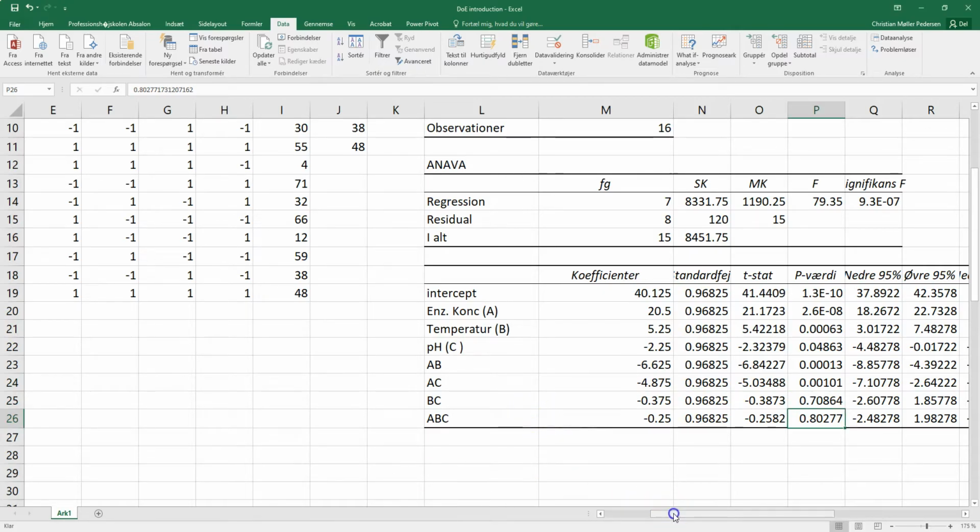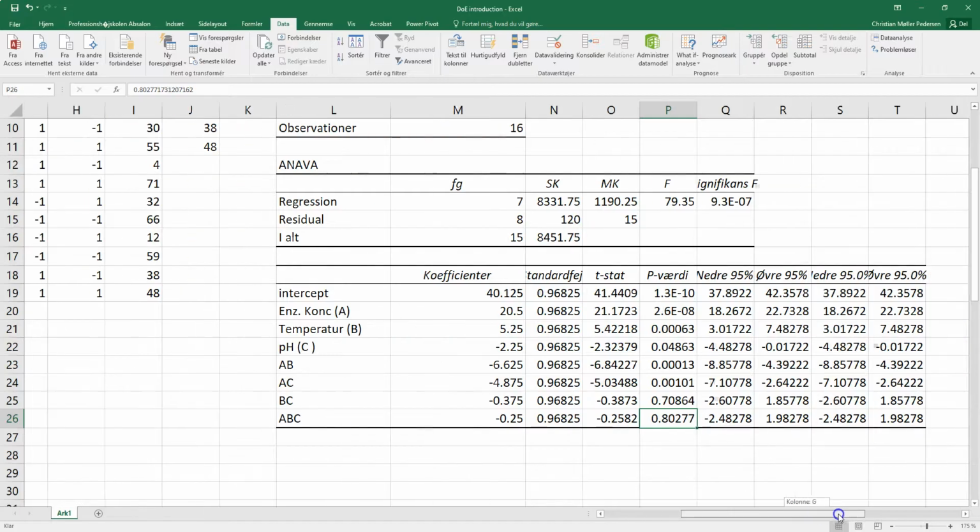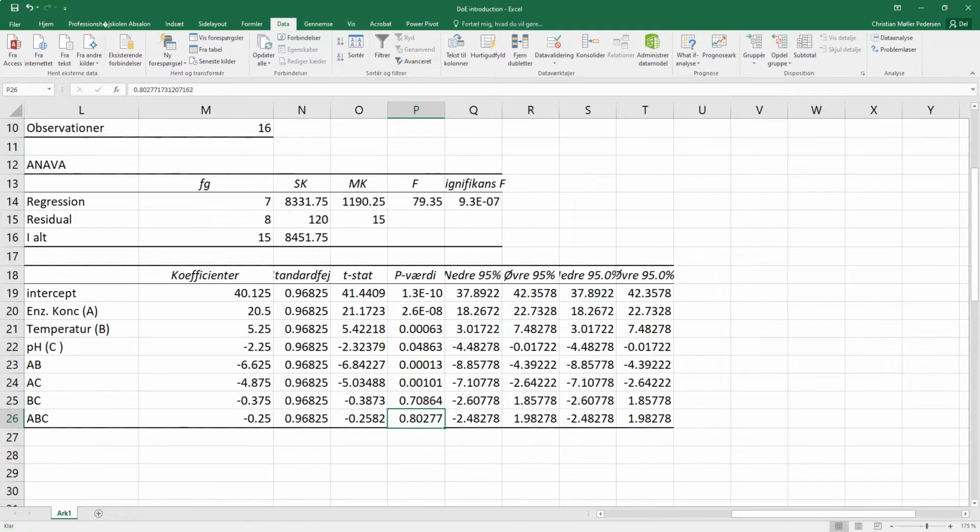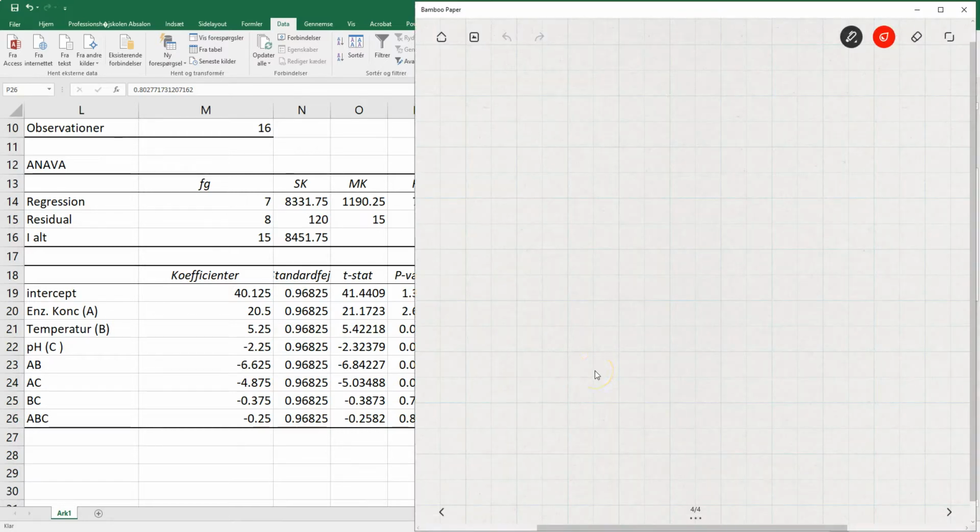So let's write down the model. We'll just scroll over here. I guess that's all right. So the model is y equals 40.125 plus, and then we have a coefficient here, 20.5 times x1, where this is the enzyme concentration.